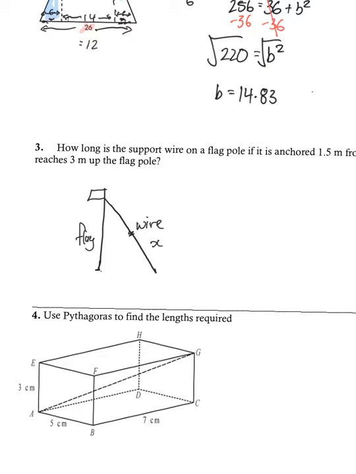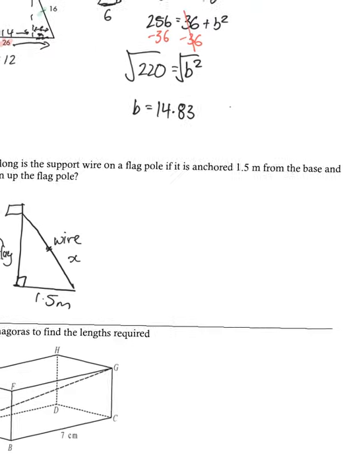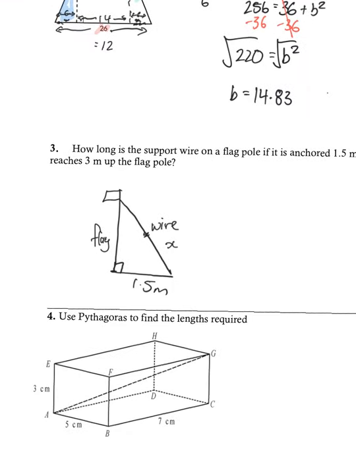So if this is the bottom of the flagpole here, it's anchored 1.5 meters from that. That also makes a right-angled triangle. And the last bit of information we've been given is that it reaches 3 meters up the flagpole. So where it attaches up the top here, that's going to be 3 meters up the flagpole. So 3 meters.